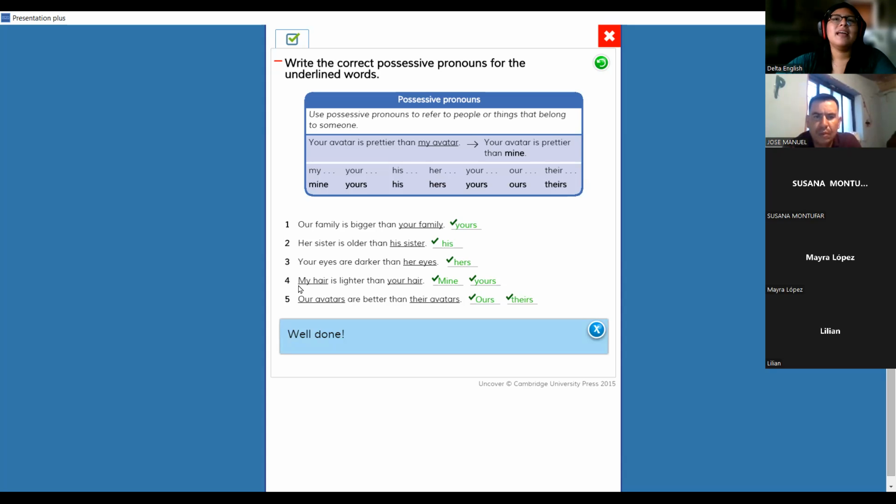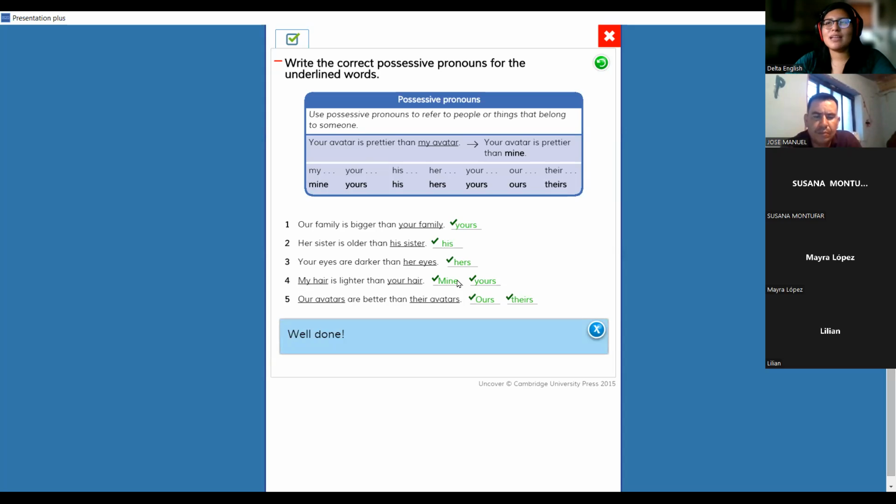Ok. Y yo lo puedo cambiar perfectamente a decir, el mío es más claro que el tuyo. El mío, ¿cuál mío? Mi pelo. Más claro que el tuyo. ¿Cuál tuyo? Tu pelo. Pero yo nada más puedo hacer esto cuando ya se entiende de qué estoy hablando.